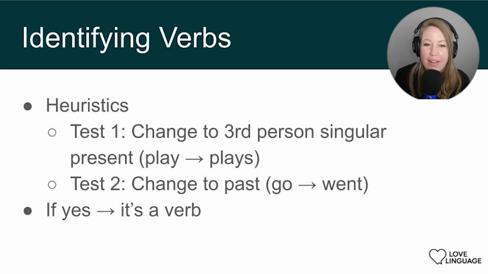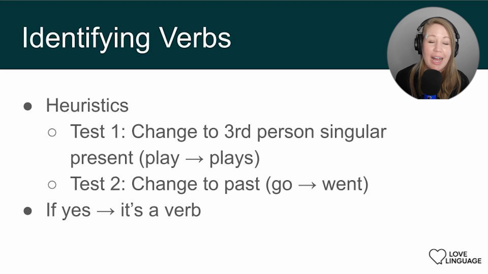Sometimes it's not obvious which word in a sentence is the verb. So here's a quick test, a heuristic you can use to check. Test number 1. Can the word change into the third person singular present? For example, I play can become she plays. Or we review becomes he reviews. Test number 2. Can the word be put in the past tense?